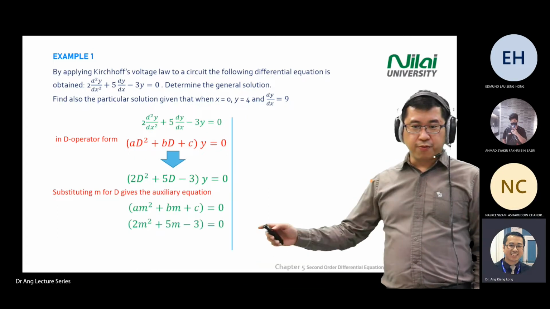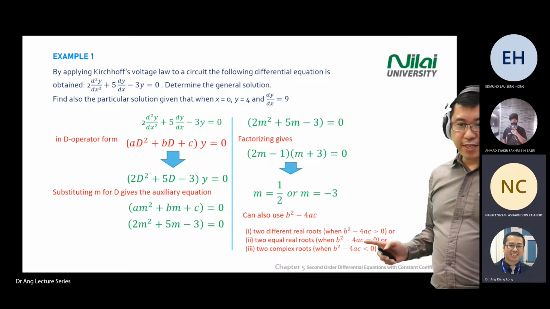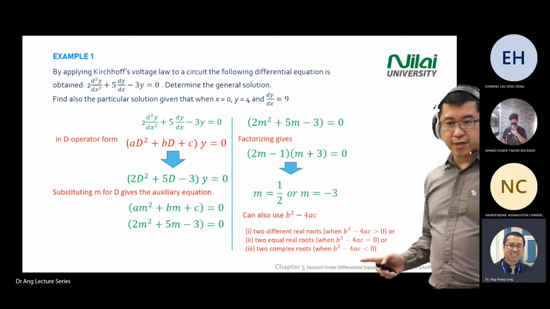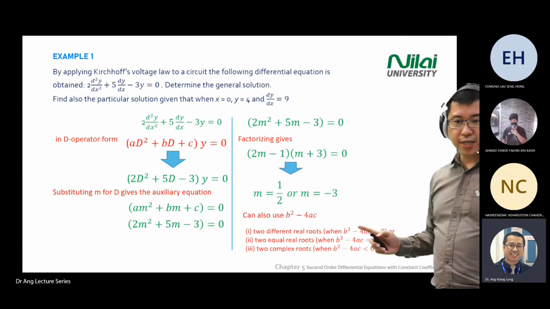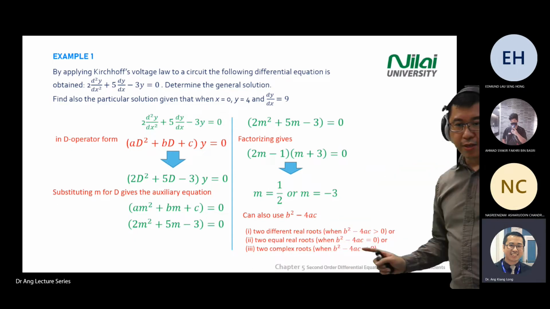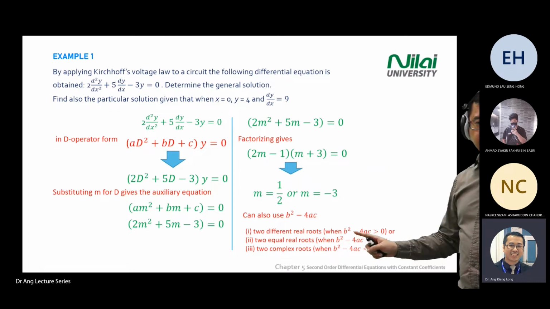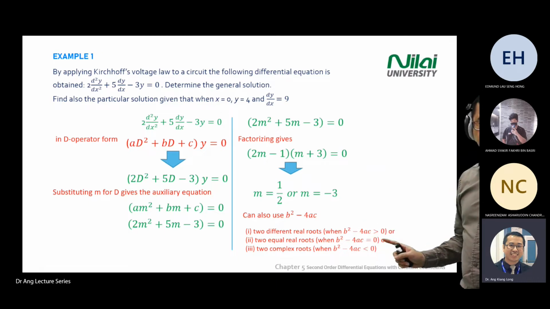Then you solve. Solve for what is the answer. B squared minus 4AC, you choose which one. In exam, you don't need to give me 3, you just do calculation of B squared minus 4AC equal to what?